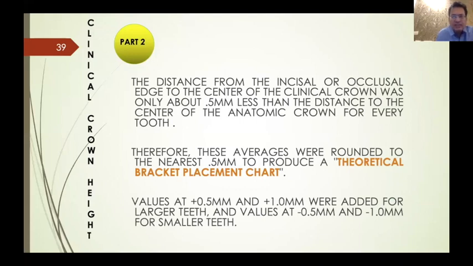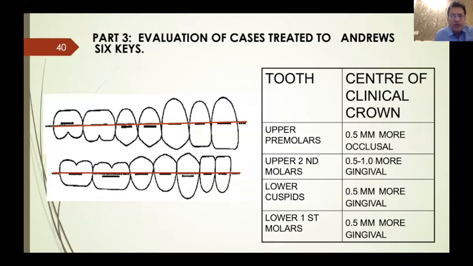Now, something very peculiar they found. Evaluation of cases which were treated by Andrews 6 keys, in part 3 of this series of articles, was that if you looked at the upper premolars and the upper second molar, the lower canine and the lower first molar, the position of the bracket should be different. It should not be exact at the center.